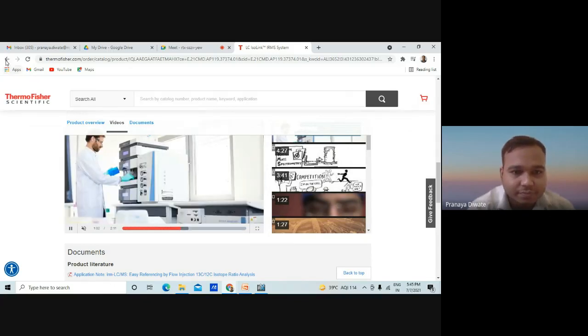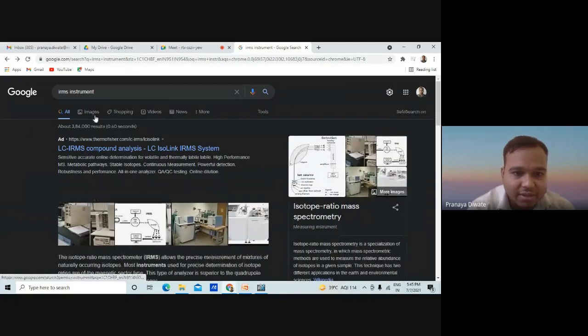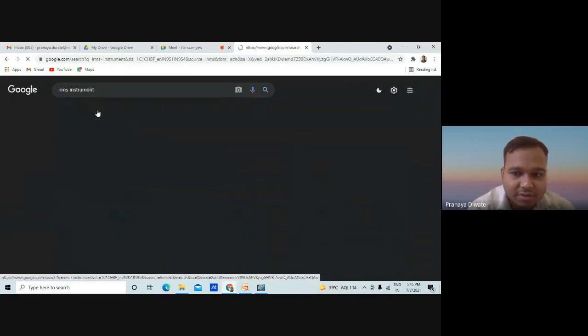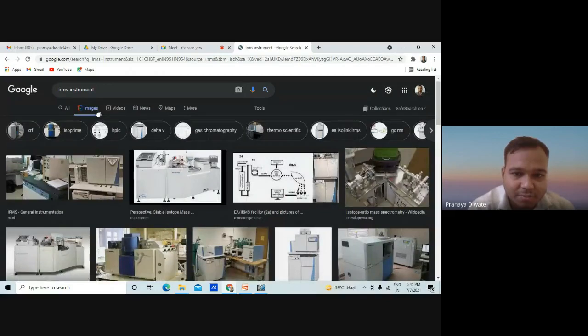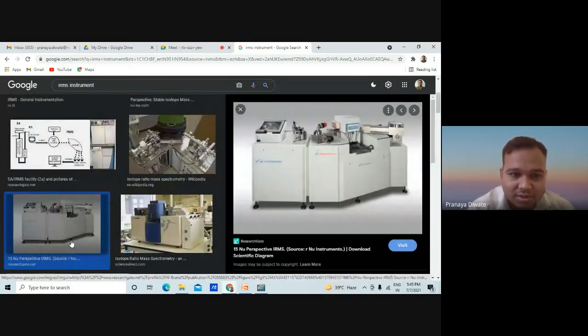Thermo Fisher is the company which is producing the IRMS instrument, and this is how all the assemblages look.